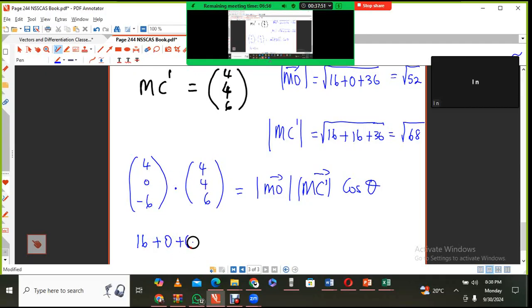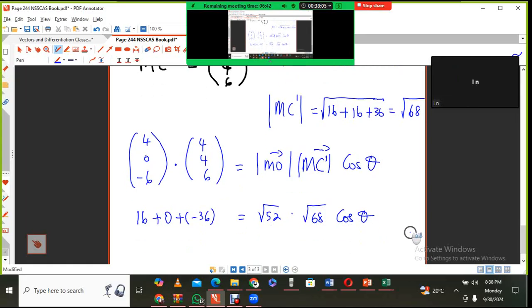And this is going to be minus negative 36, so negative 36. And we know that one was the square root of 52 and the other one was the square root of 68, times cos theta. So this gives us negative 20 over here. And you can multiply the numbers: 52 times 68. Minus 20 is correct.